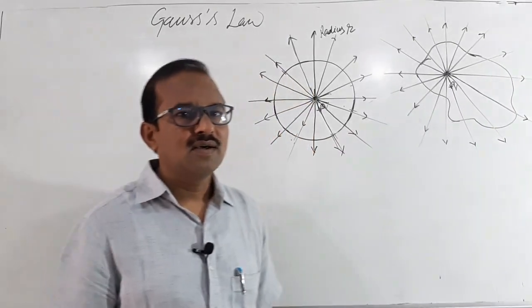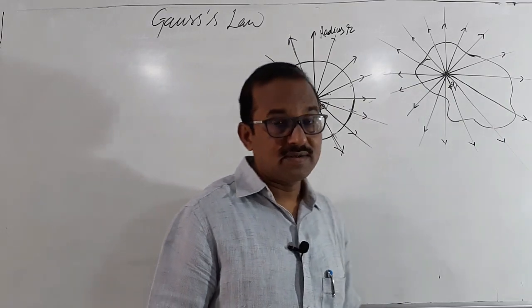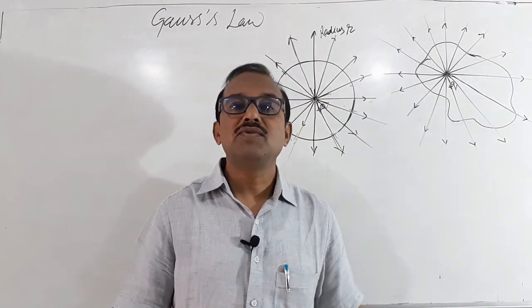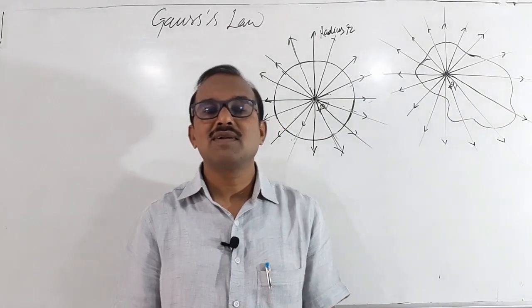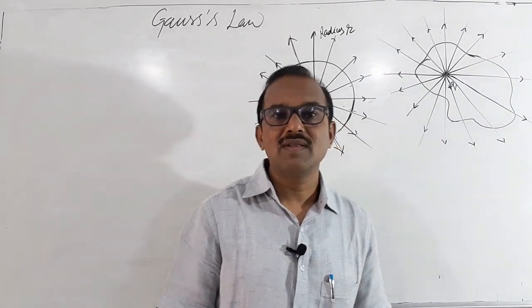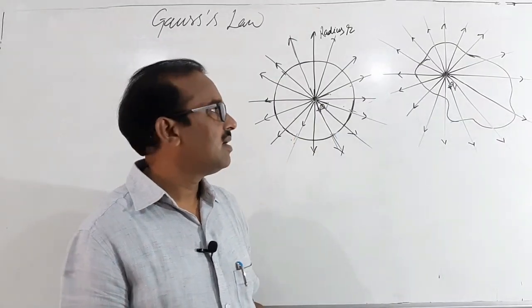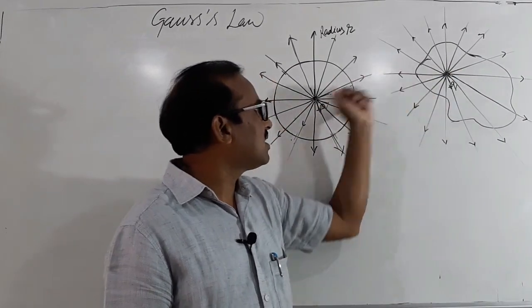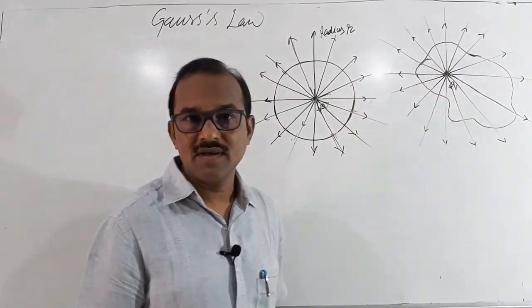So with the help of the number of lines through unit area perpendicular to the direction of electric field, we show the strength of electric field at any location. The number of lines emerging out from these charges is the same in both cases.